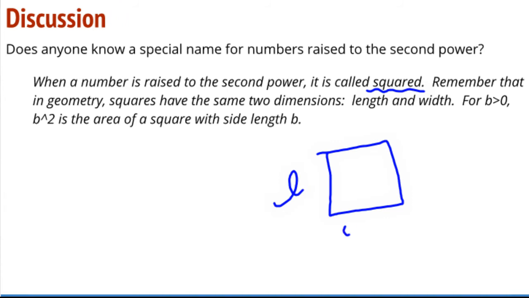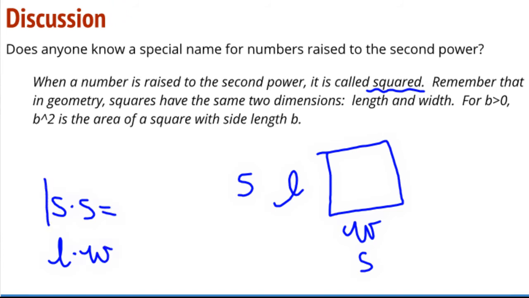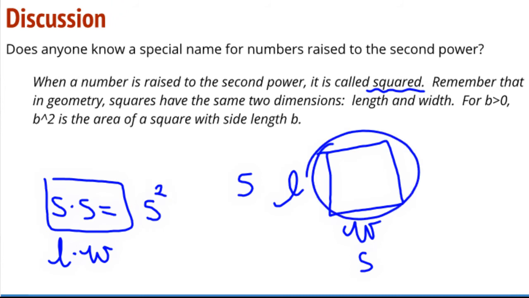The length and the width are exactly the same, and usually they are expressed as the side because all 4 of them are the same. So to find the area of a square, we take the side and we multiply it by the side, or the length times the width. It's useful to look at it as side times side, though, because we see that the area is the same as side squared. Squares.